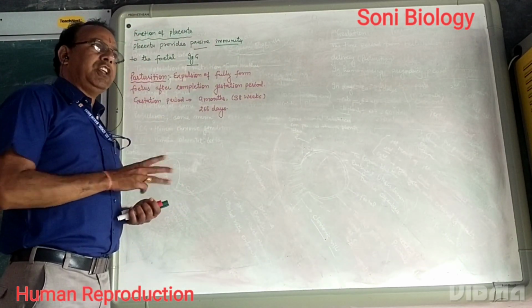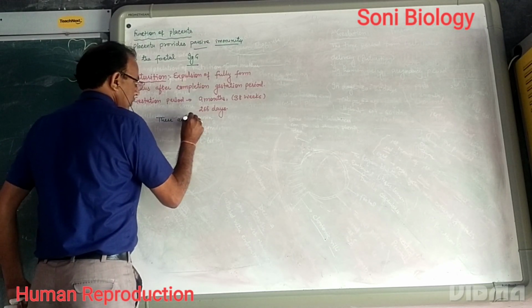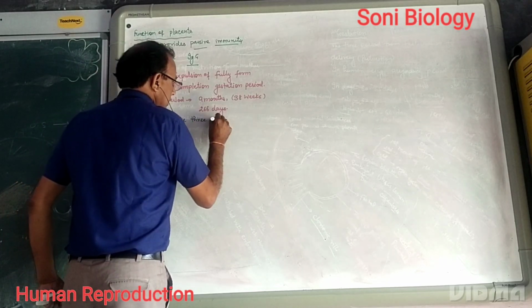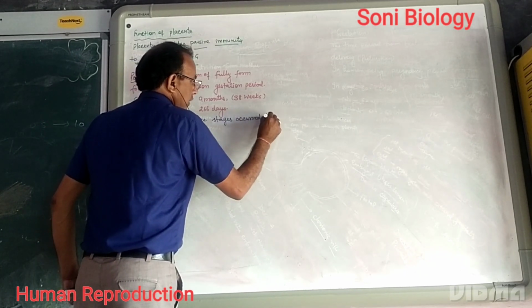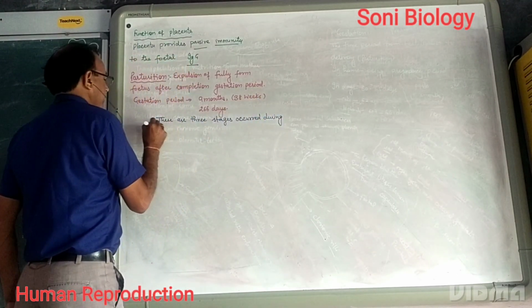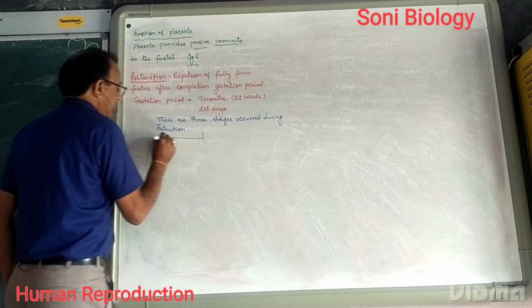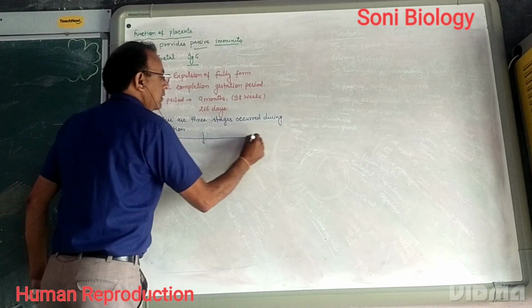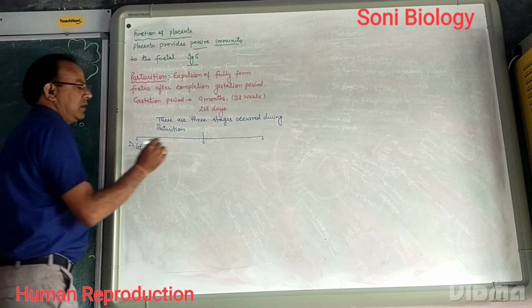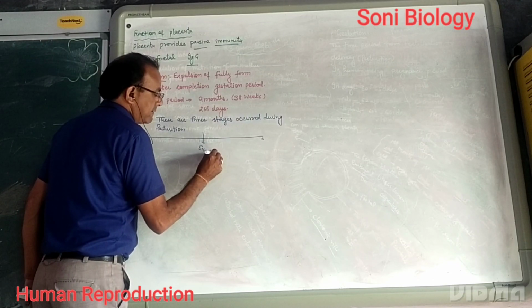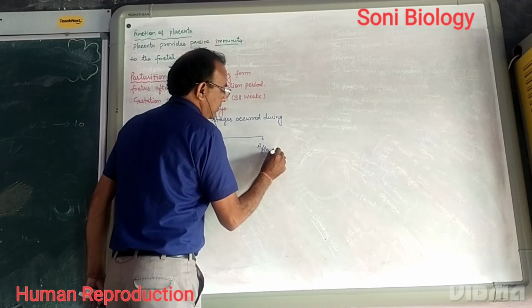During parturition there are 3 stages, and those 3 stages are dilation, expulsion, and after birth.